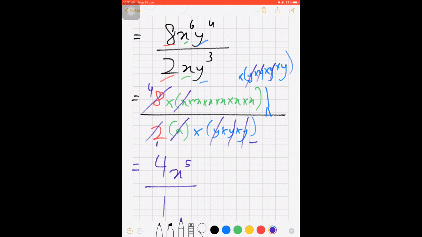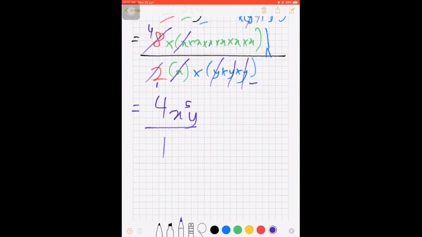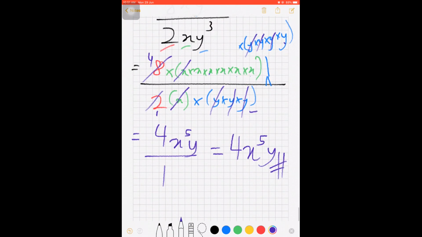Bawah tak ada tinggal apa-apa kan? Tak ada tinggal apa. Ni tinggal 1y je. So y. So 4x to the power of 5 y divide by 1. So kalau divide by 1 is the same. You boleh tulis macam ni je. Tak payah tulis pun bagi 1 tu. Ni jawapan dia. Okay, easy kan?